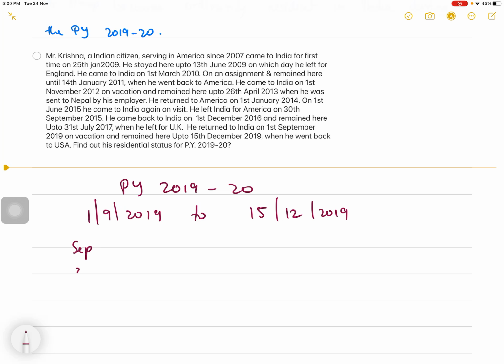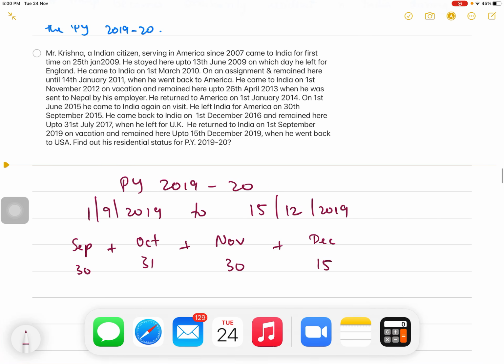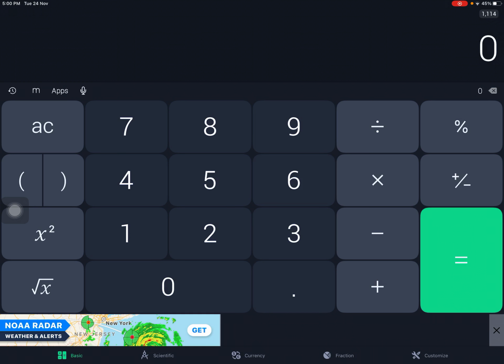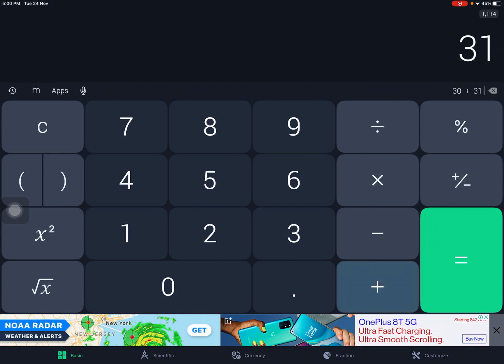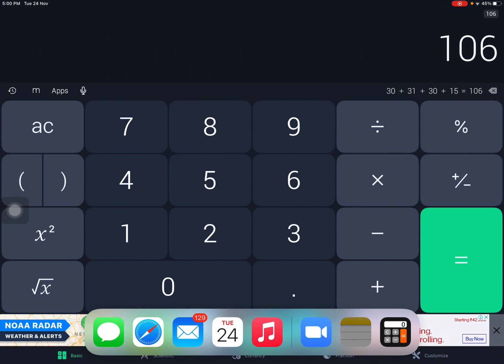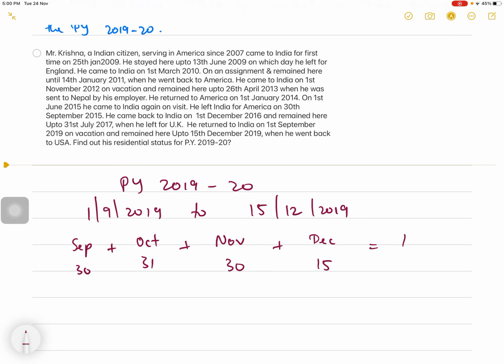So September 30 days, October 31 days, November 30 days, and December 15 days. So 30 plus 31 plus 30 plus 15. So he was in India for 106 days.